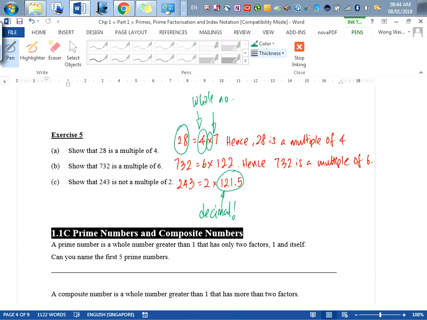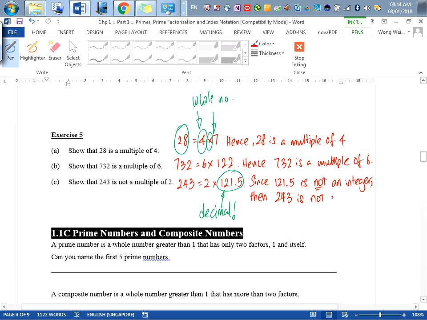Okay, so since 121.5 is not a whole number, or in this case we can call it an integer, it's not an integer. Since it is not an integer, then 243 is not a multiple of 2. Okay?